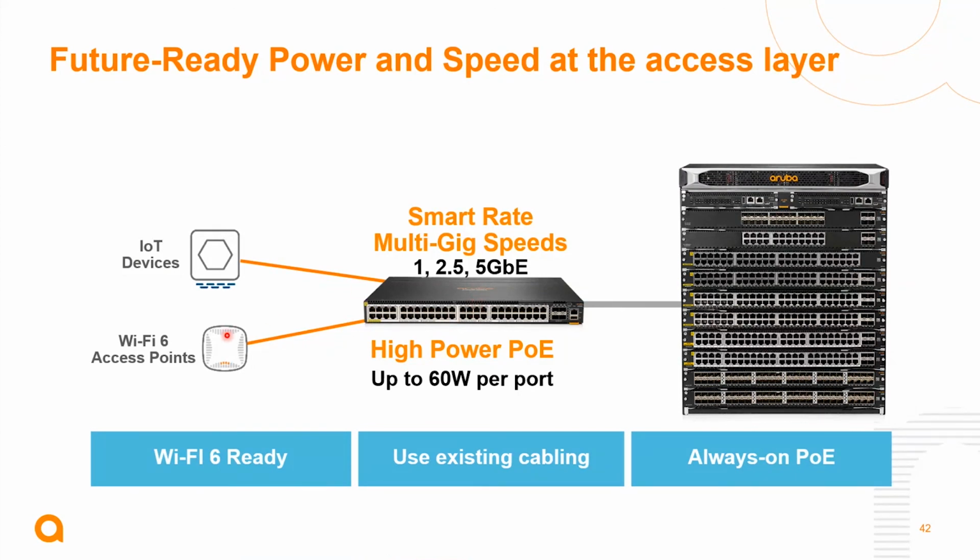There are a lot of devices requiring that kind of power. With the advent of Wi-Fi 6, we can also take advantage of what we call smart rate for our switches. We can now have 2.5 or 5 gig speed on the port going to your access point. I can even see that nowadays there are motherboards and computers with NIC cards going for 5 gig.